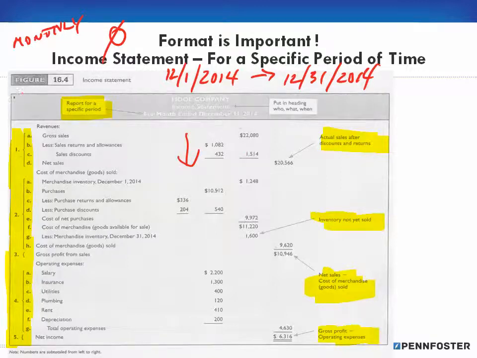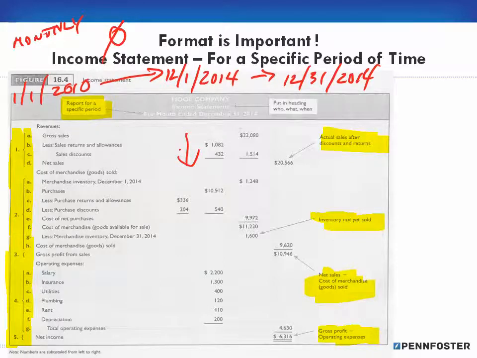Now granted, this business may have started 1/1 in the year 2010, okay, but any of the information between 1/1/2010 and the beginning of this accounting period is not included on the statement. And the income statement reflects the operations of the business, whereas the balance sheet showed the financial position of the business. Okay, that's why cash, it doesn't matter how much cash we have month to month to month, because that's the financial position.